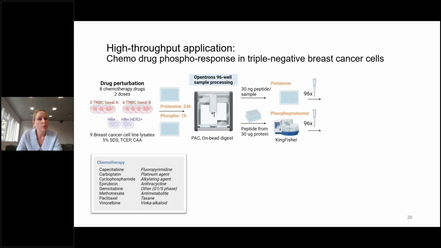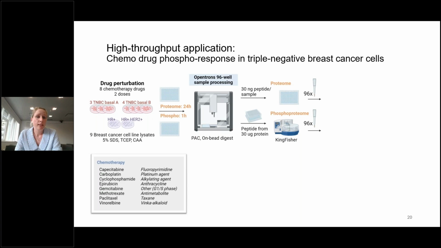So for now, we have not analyzed the proteome, although it's listed here, but I have analyzed the phosphoproteome for 2 cell lines. And here the cells were treated for 1 hour with the chemotherapeutic agents. It was done in 2 48 wells, where the lysate was then pooled into a 96 well. And then we used the Opentrons robot to process the protein lysates to do PAC and on-bead digest.